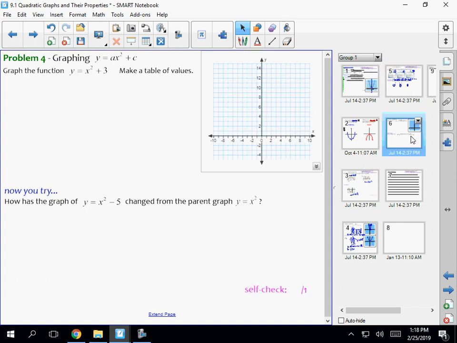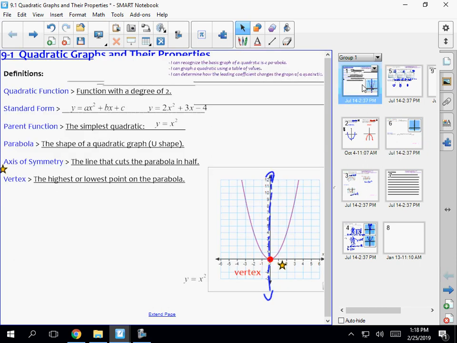Now, this one right here, it says graph the function. And if you go back to our first page, this was what we called the parent graph, y equals x squared. When you were studying transformations of geometric shapes, when you add a number to a function, it will move it up, or if you subtract the number, it will move it down.